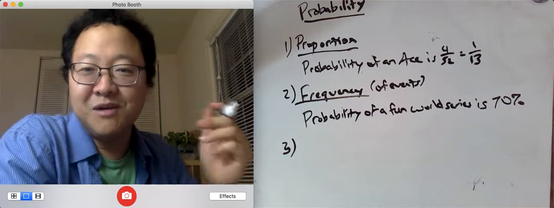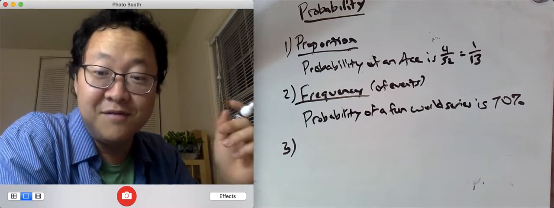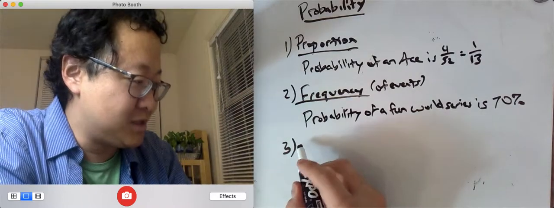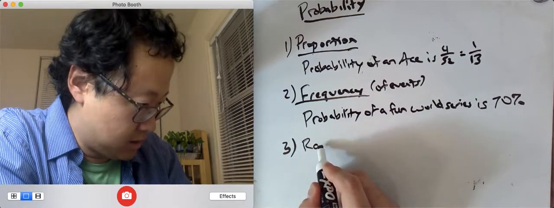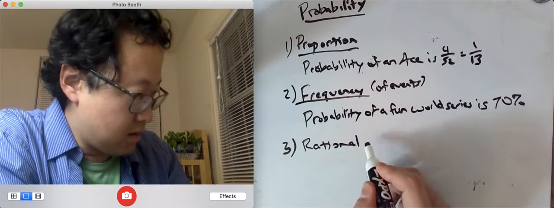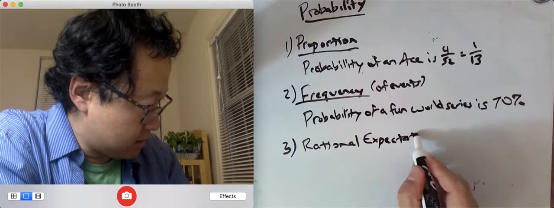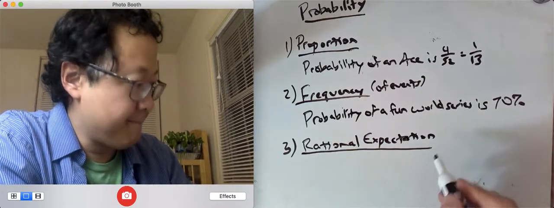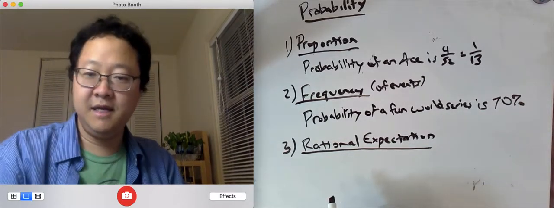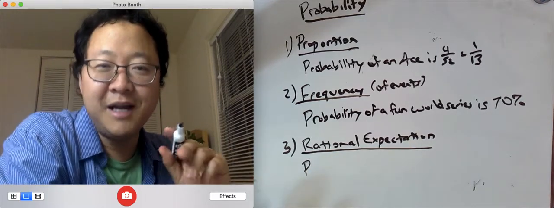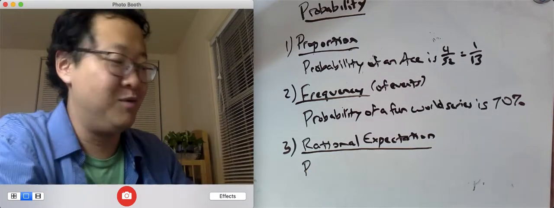Now, the sort of probability that will be the focus of the book and our class will be what's called rational expectation. Okay, and here I'll just say this. The way I'm going to write it is a little simpler than the one in the book.